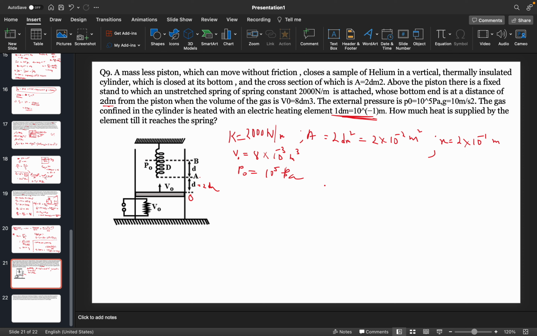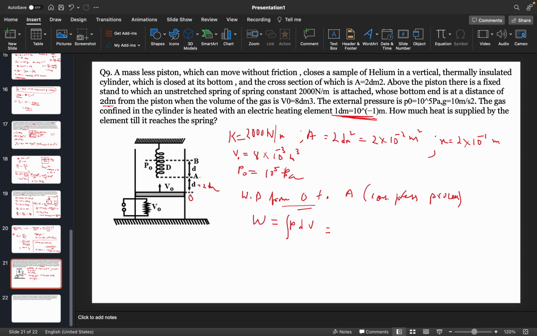Now what is the work done in order to go from O to A? Okay, in order to go from O to A. Now what is it? This is a constant pressure process. Okay, so work done, it is a constant pressure process. So what will be? It will be nothing but W is equals to integral of P dV.